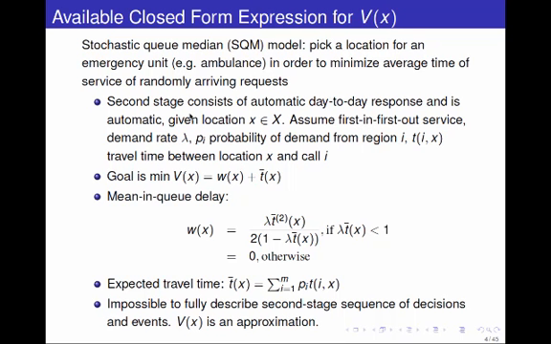So what we're shooting to minimize is a sum of the time customers wait in the queue plus the time it takes to go and help them out. The average of the time it takes to go and help them out is this expression here.